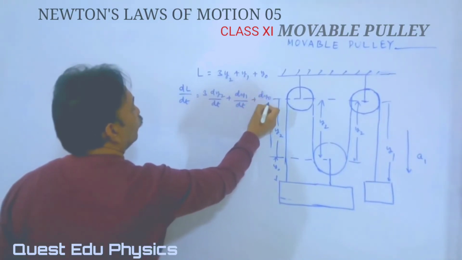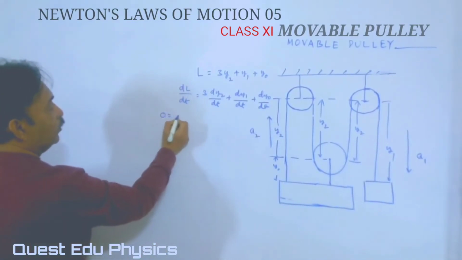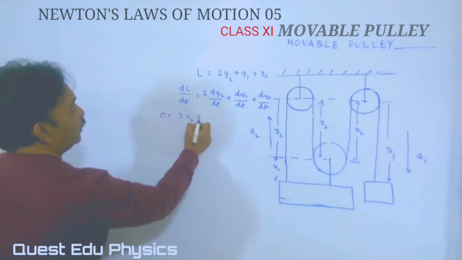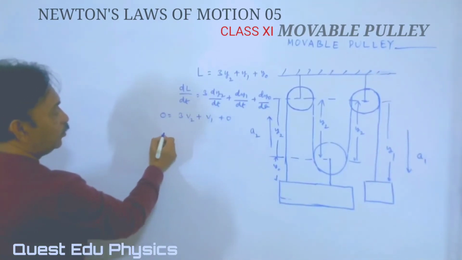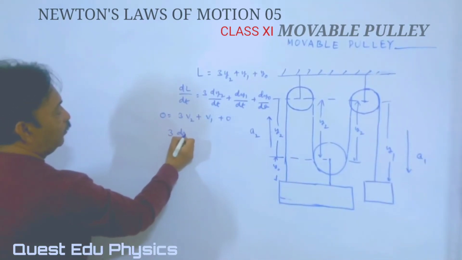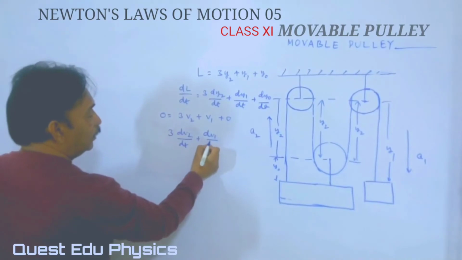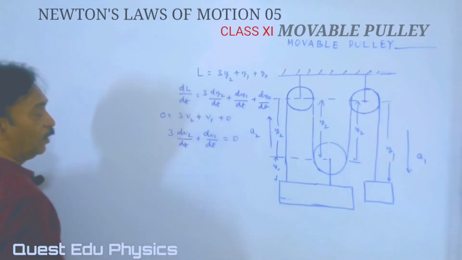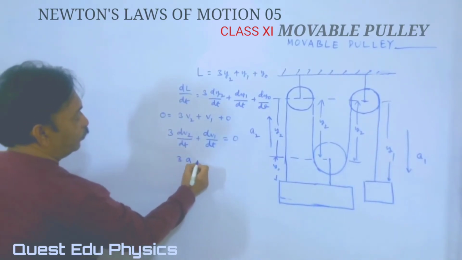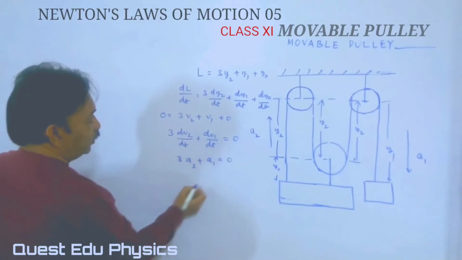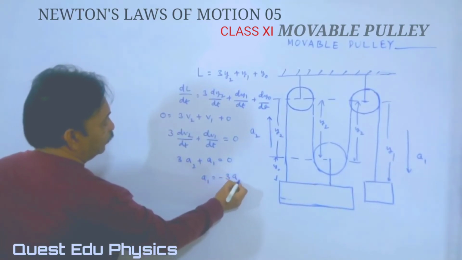Here it is equal to 0. 0 is equal to 3v2 plus v1. Again differentiating with respect to time, we get 3 of dv2 by dt plus dv1 by dt is equal to 0. That is the acceleration: 3a2 plus a1 is equal to 0, or you can write a1 is equal to minus 3a2.